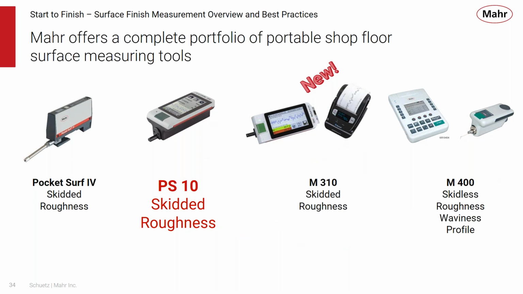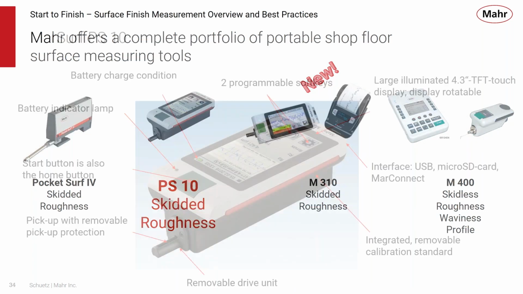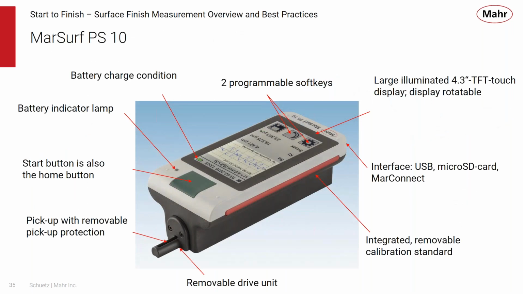Now, a number of years ago, we introduced the PS10, which is another skidded roughness system, and this was really unique to the line of portable surface finish gauges. The idea here was that we wanted to bring ease of use, but more capabilities to the machine tool operator. So what we tried to do was give us a nice large screen that really acted like a mobile phone.